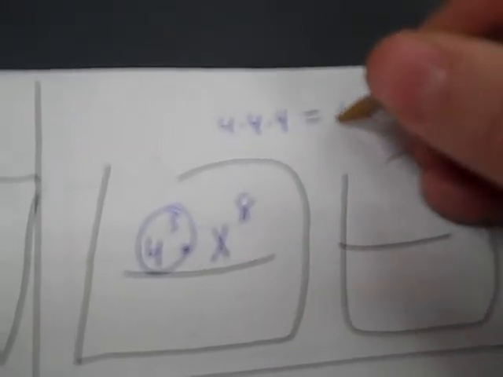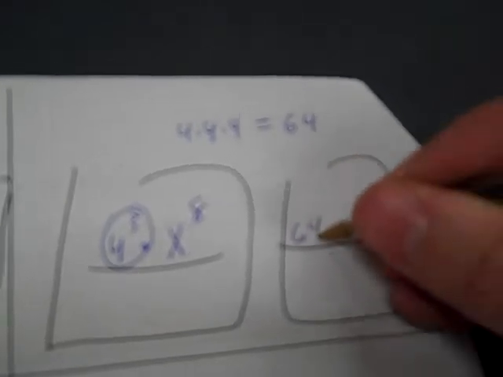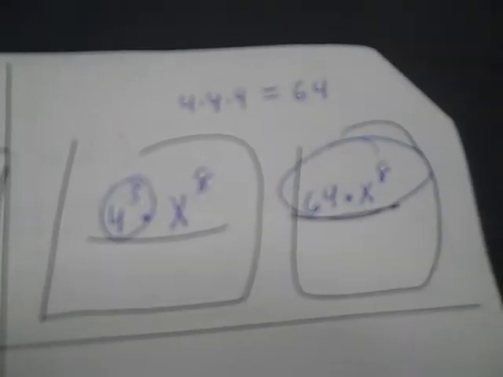Okay, and then the last box is to clone and simplify anything we have. We can clone the 4 to the 3rd, so that would be 4 times 4 times 4, and that gives me a product of 64. So we can replace that with 64 times X to the 8th power. Okay, and that's the answer.